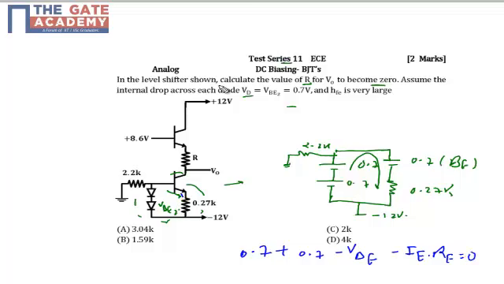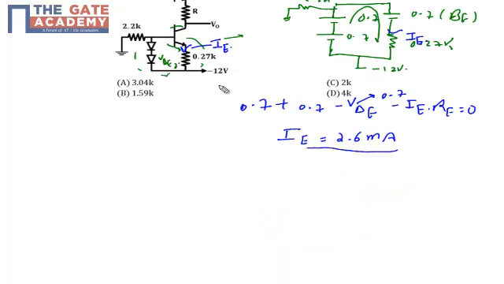Because this 0.27k is connected to the emitter terminal, so the current flowing through the emitter terminal is IE. VBE is again 0.7 only. From this equation I get the value of IE as 2.6 milliamp. So my emitter current is 2.6 milliamp.